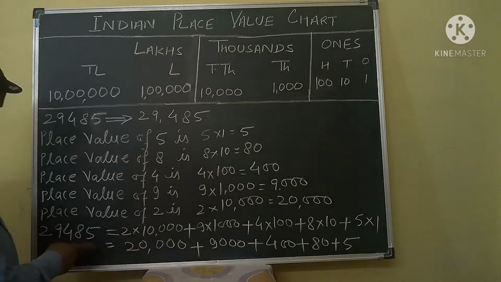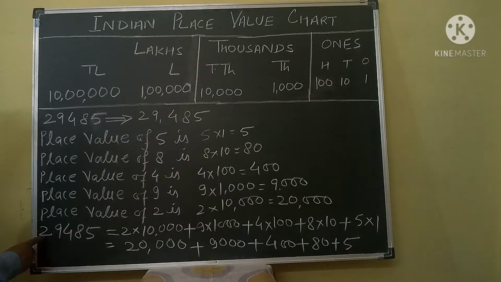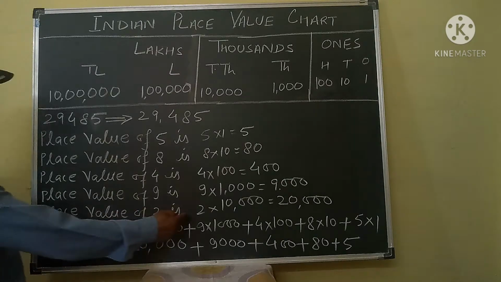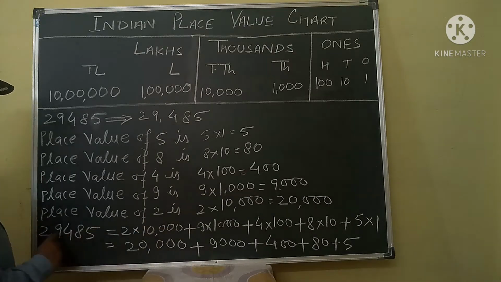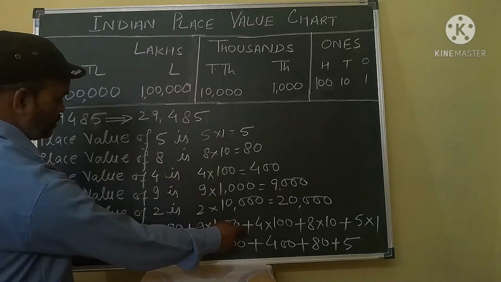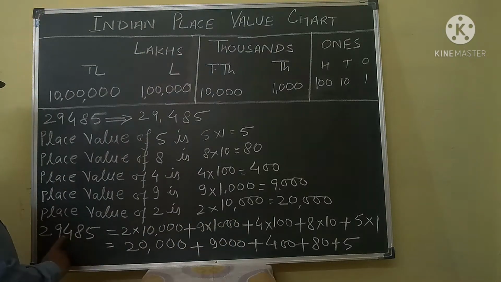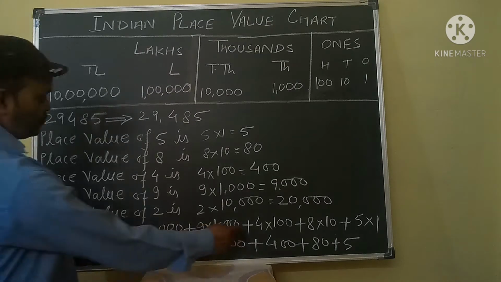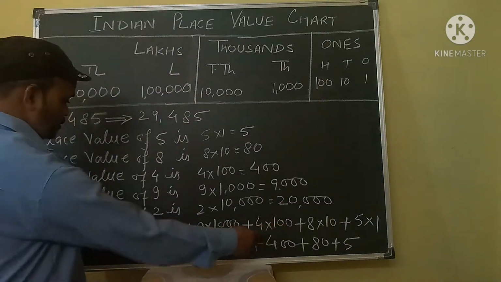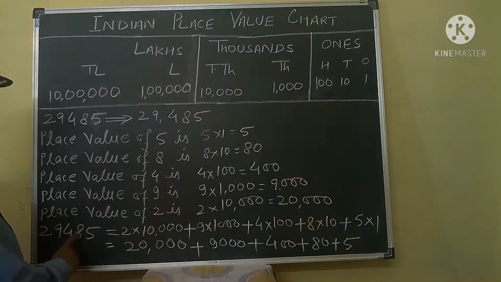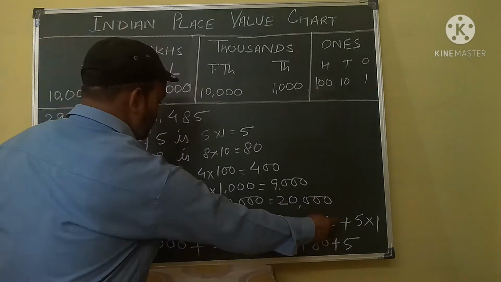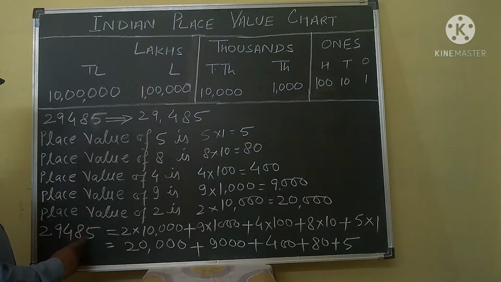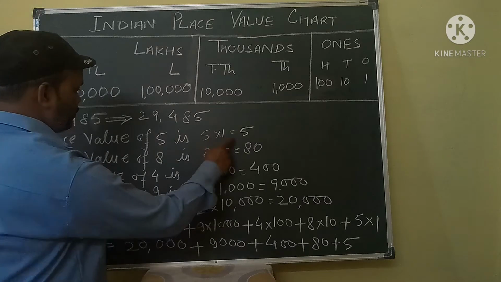Look here. 2 is in 10,000 place, so 2 into 10,000, plus 9 is in thousand place, 9 into 1000, plus 4 is in hundred place, 4 into 100, plus 8 is in tens place, 8 into 10, plus 5 is in ones place.